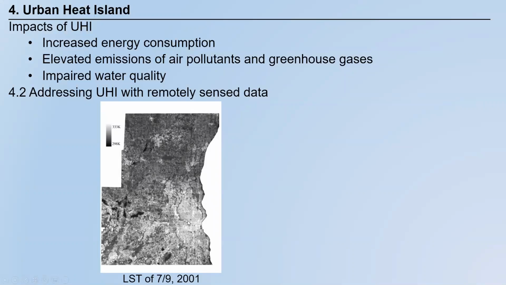You can see here we have large bright areas to the southeast of the county. That's Milwaukee City and Milwaukee metropolitan area. So it's natural and reasonable that urban areas have higher LST, right?